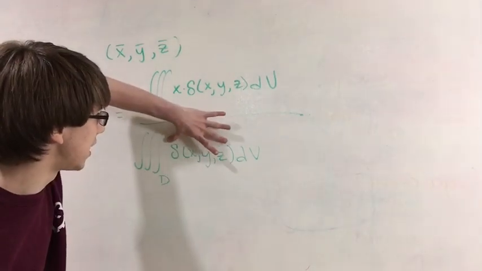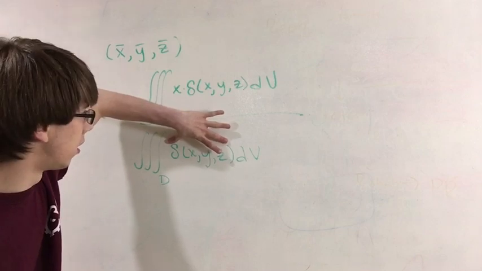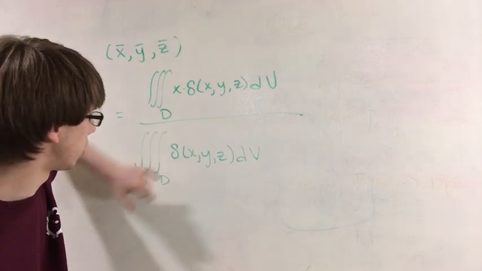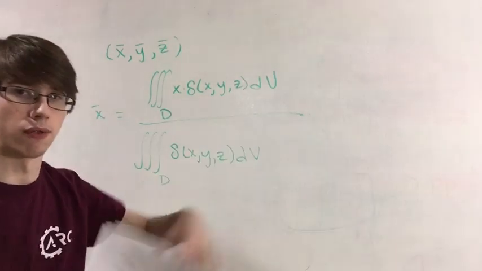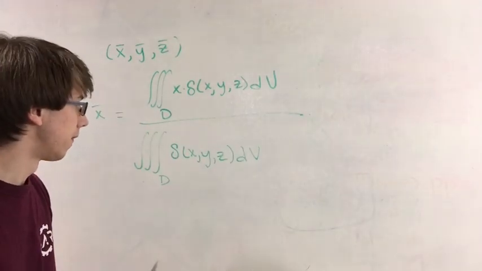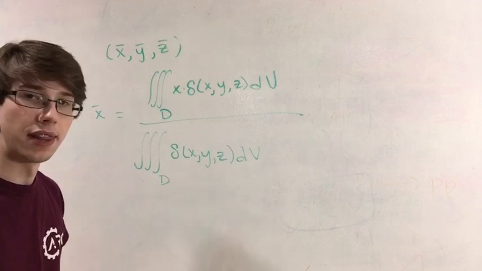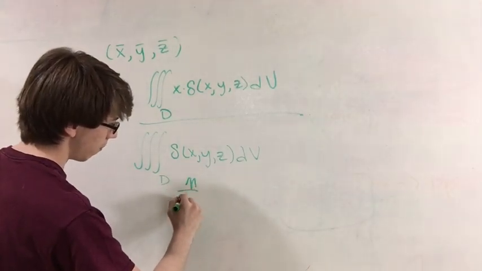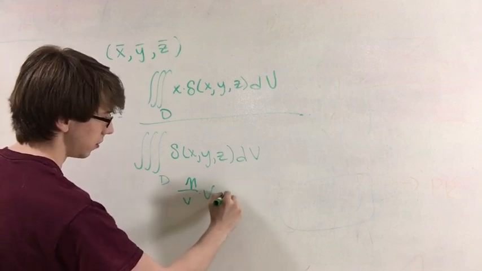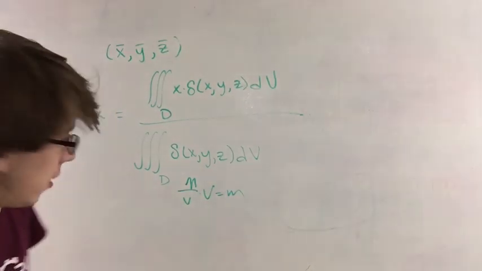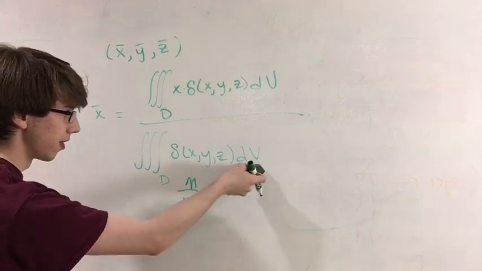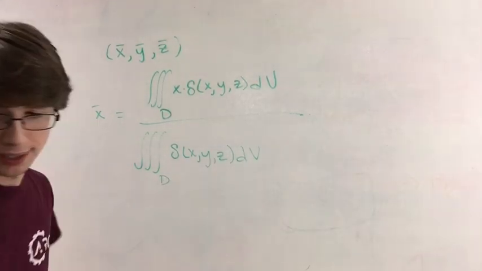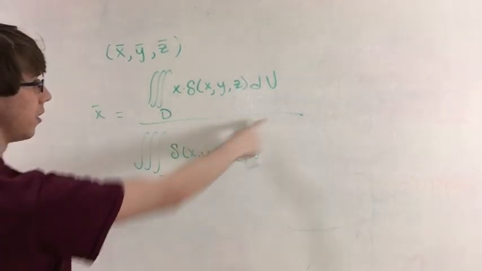So if you remove the density here, then you're just left with this dV, which just gives you the volume of the entire region that you're integrating over. And therefore, when you include the density there, you know that that's what? M over V times the volume, which gives you m. So that's how you get m. Not velocity, times the volume, because this gives you the volume of the region, which gives you the mass. So that's how you do this here.